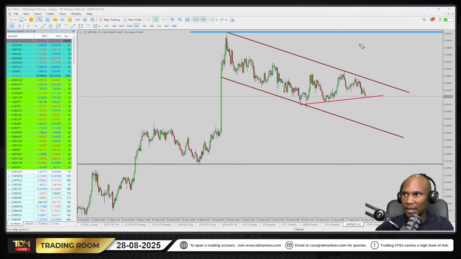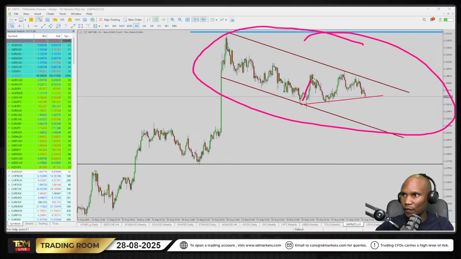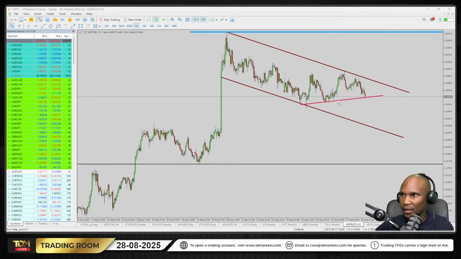So we've got this big correction, and then we've got this correction within the correction. So what price has done here is that it's indicating to you and I that it's gonna continue pushing down one more time. It's not breaking out as yet. It's gonna continue pushing down one more time, at least according to this formation. So we're anticipating one more push down.